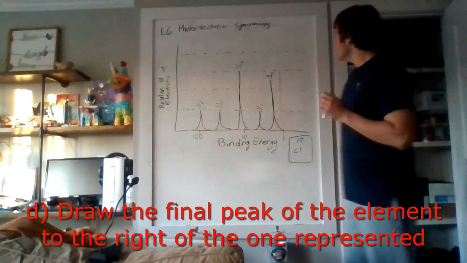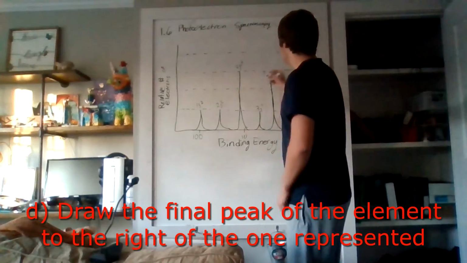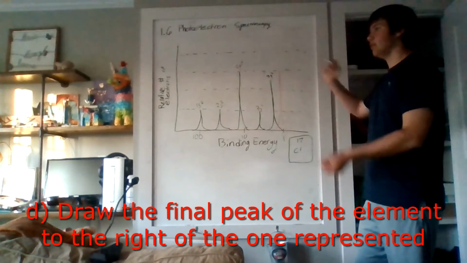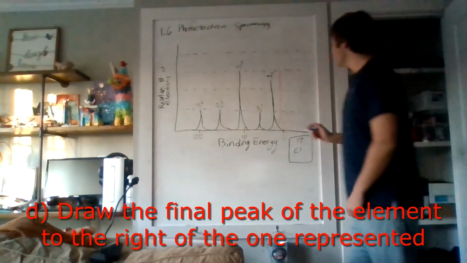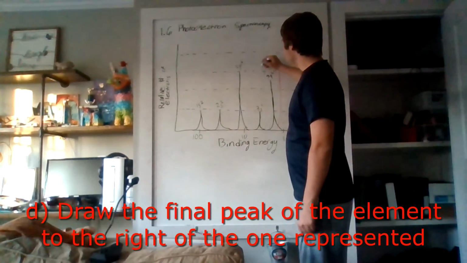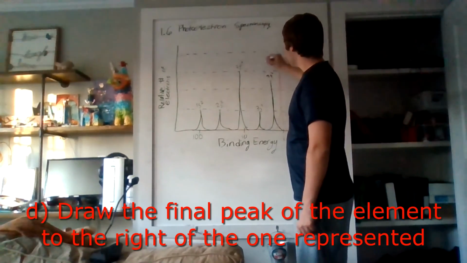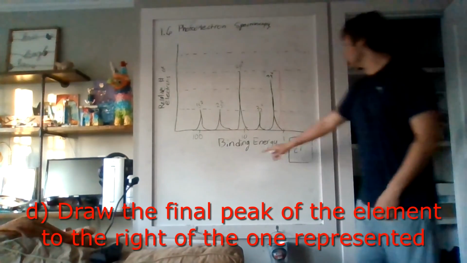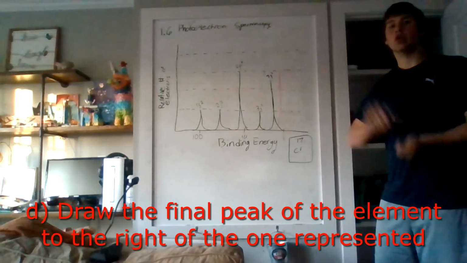So this would be argon, for example. So you're adding another proton and the attractive force would increase. So when you added another peak, this time it went to the left of the other one because binding energy increased because charge increased.